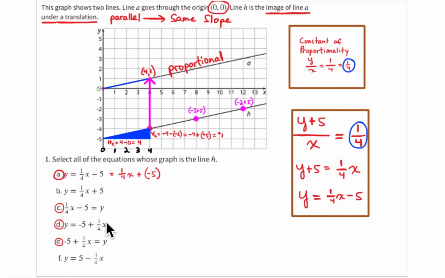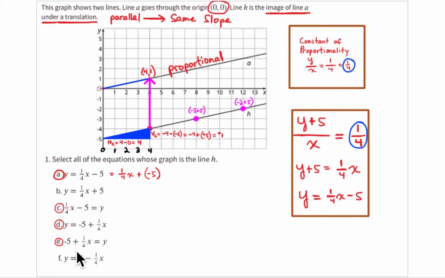So D matches. And E is simply, once again, just taking this amount and flipping it over the equal sign to the other side and taking y and flipping it over to the right side. So again, this is like a balance. Doesn't matter what side you sit on. You can still remain balanced.